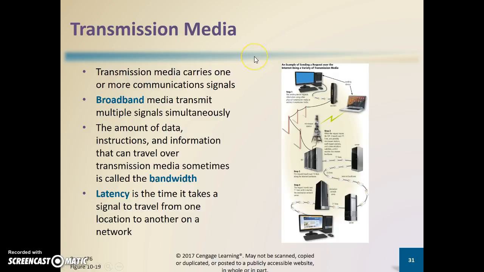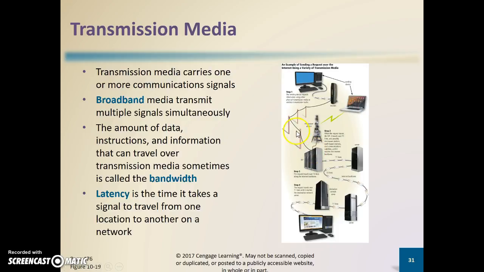So transmission media carries one or more communications signals. This just depicts how it would go through the step of sending it from one device to some transmission media, and then step 2, it travels over whatever medium it has to travel over.